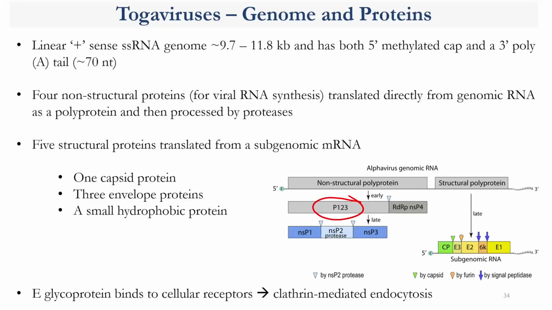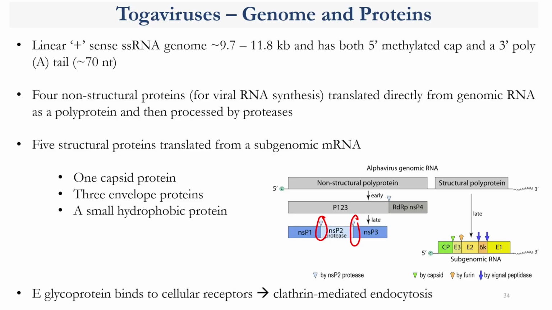And this is going to get processed into NSPs 1, 2, and 3. NSP2 is a protease. So see how it auto-catalyzes its own cleavage, okay? So you can start cleaving these proteins with this NSP2 protease.